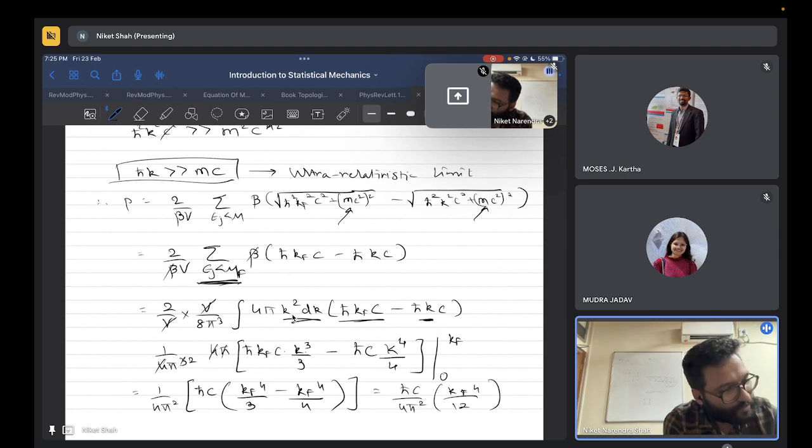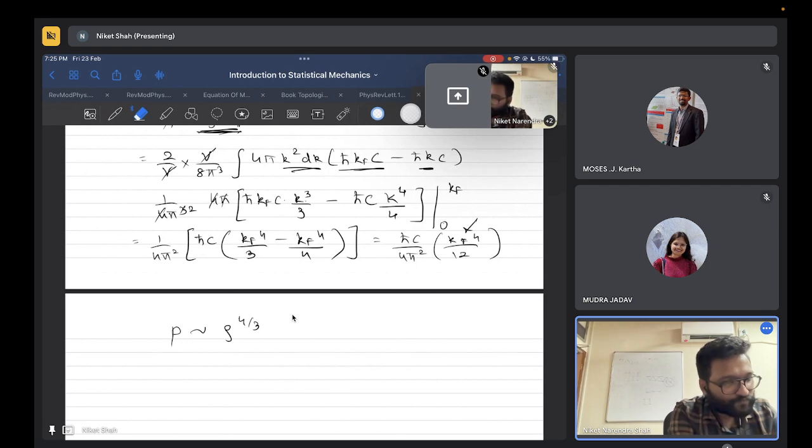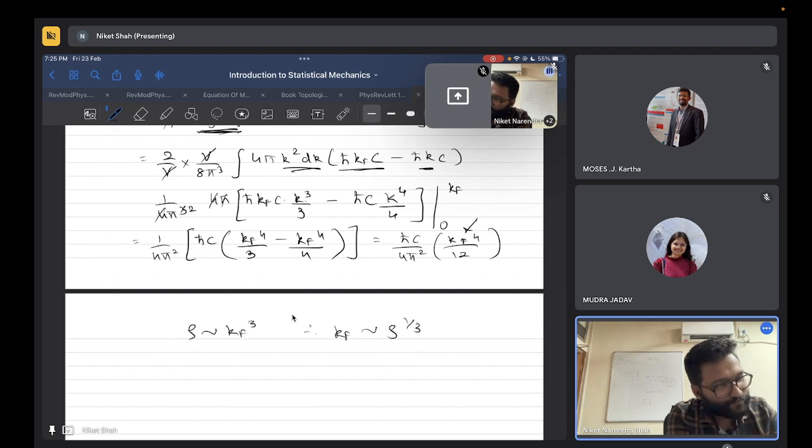I know that rho is a function of kf cube. So here the pressure is a function of kf power 4. So then pressure has rho raised to the power of 4 by 3. Let me write this. Rho is a function of kf cube. Therefore, kf is of the order of rho raised to the power 1 by 3.